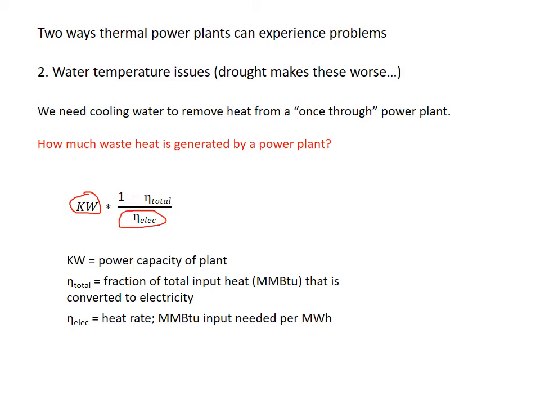So kW, this is how much electricity, we're assuming that the plant is producing at its maximum capacity, so 500 megawatt hours or something like that. So we can put that same amount of electricity into an amount of heat, right, that's required to generate that electricity. This is the heat rate, right?